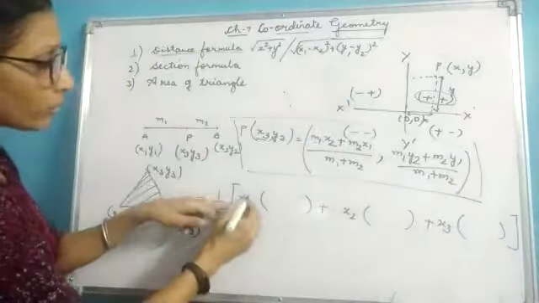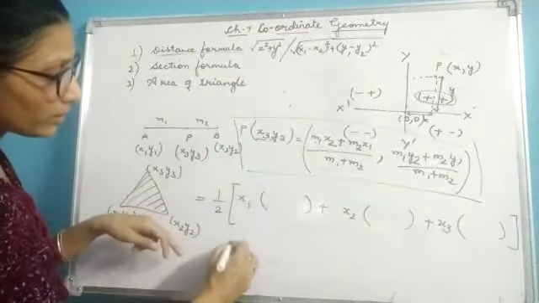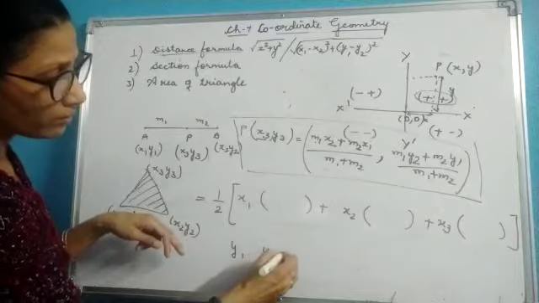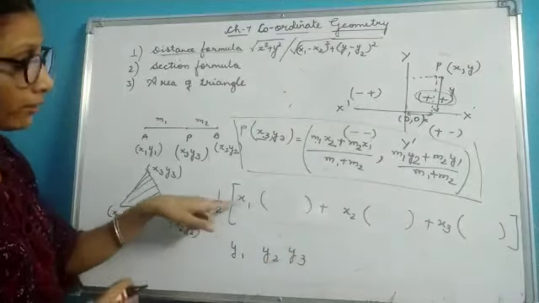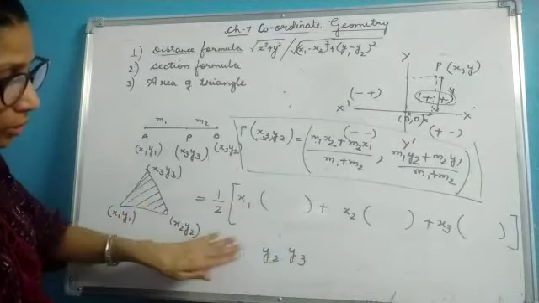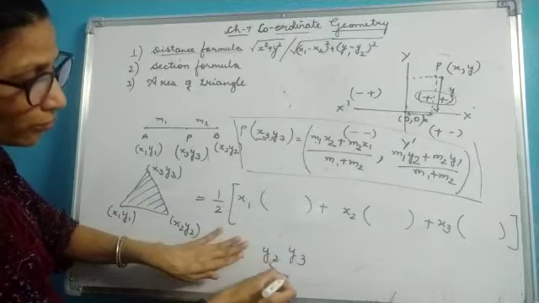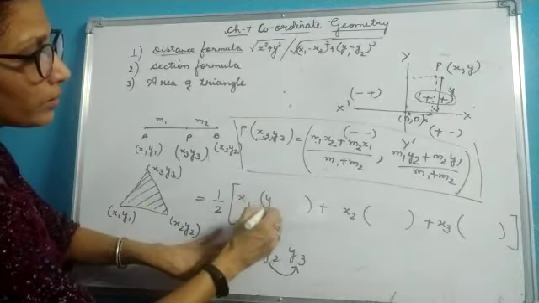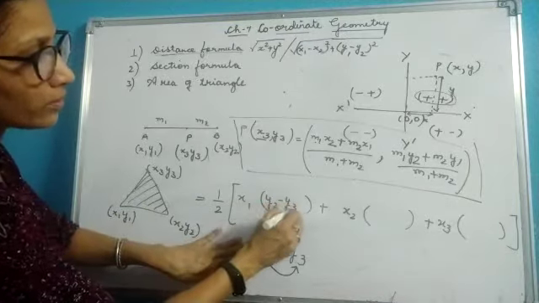Fine. Now you have taken x1, so you write down y1, y2, y3 over here. If you have taken x1, now you will not be taking y1, but you will move from here to here. So you will be writing y2 minus y3.